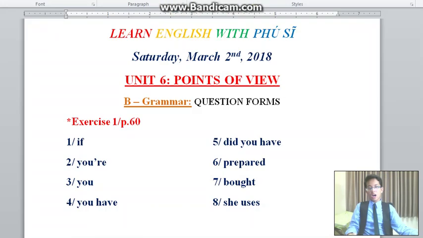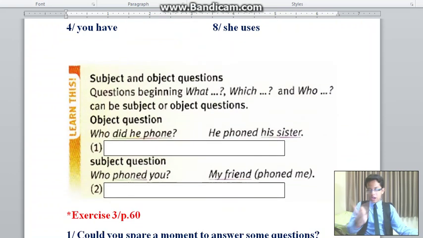Now, moving on to the Learn This box. Right over there you can see subject and object questions. So tonight, question forms about subject and object questions. All kinds of questions begin with some normal rules, like beginning with what, which, and who, which can be subject or object questions.